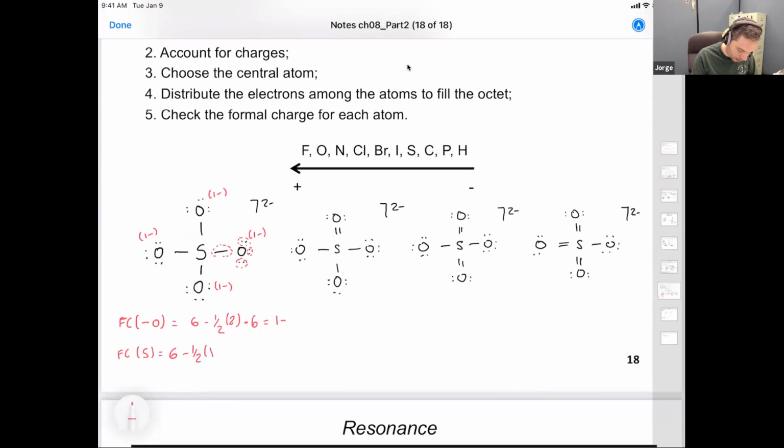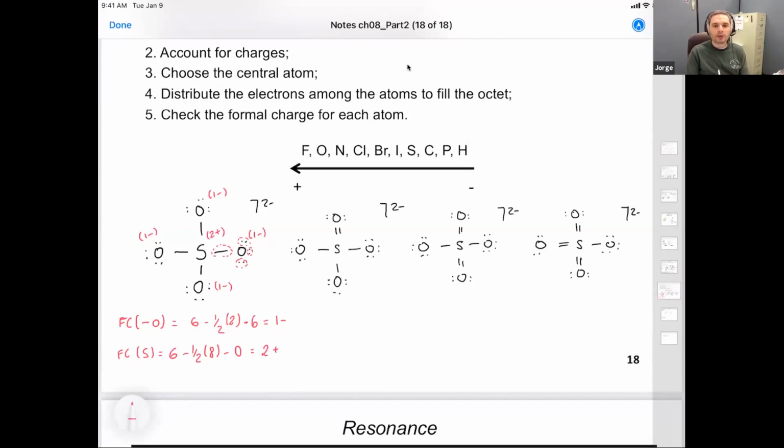Therefore, we have a total of 8 bonding electrons, minus the number of non-bonding electrons for sulfur, which is 0. And that will give us a formal charge equal to 2 plus. Let's represent here 2 plus.